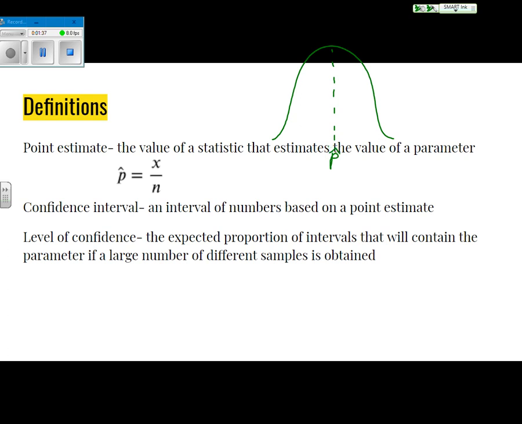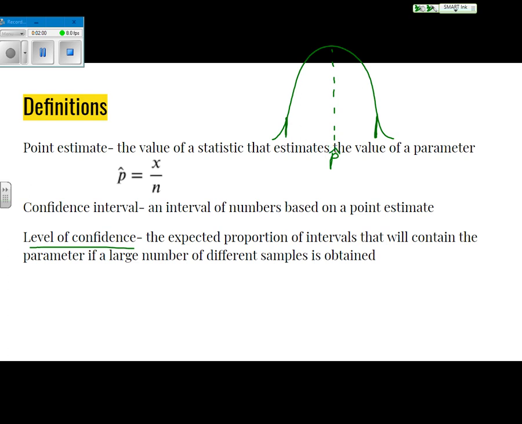Now, based off the point estimate, I can go out so far from the center. I'm not really worried about as many standard deviations on this; you'll see where that comes into play. But the idea is that I want a level of confidence between these two numbers.